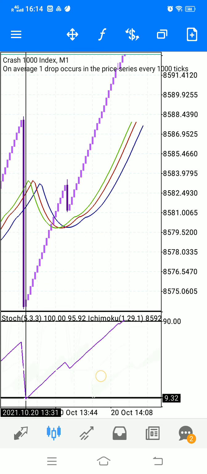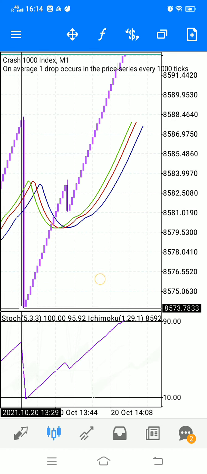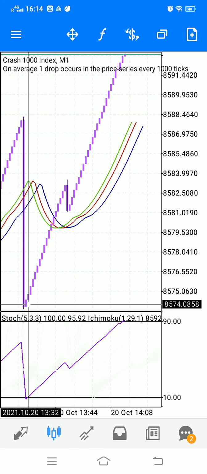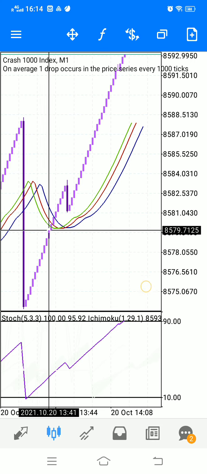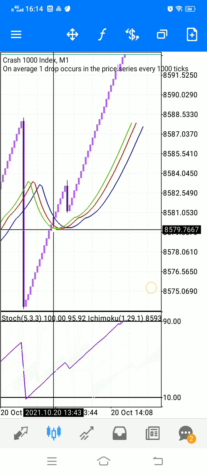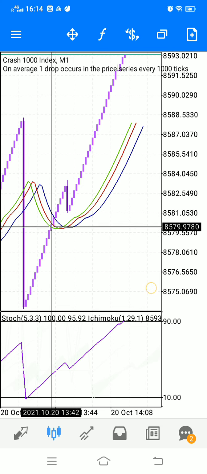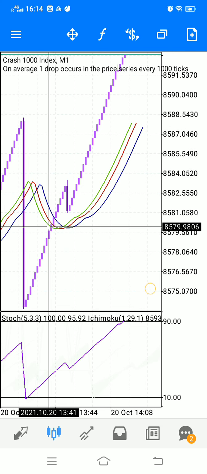Once it touches level 10, you enter your buy and you take your trades, and once your candle touches the green line on the alligator, you exit your trade.